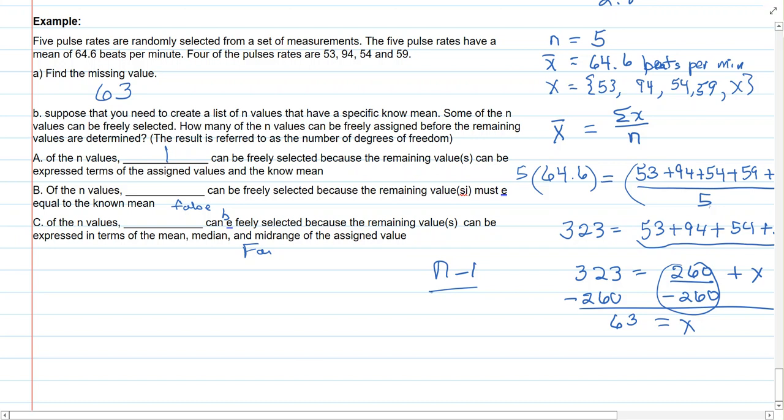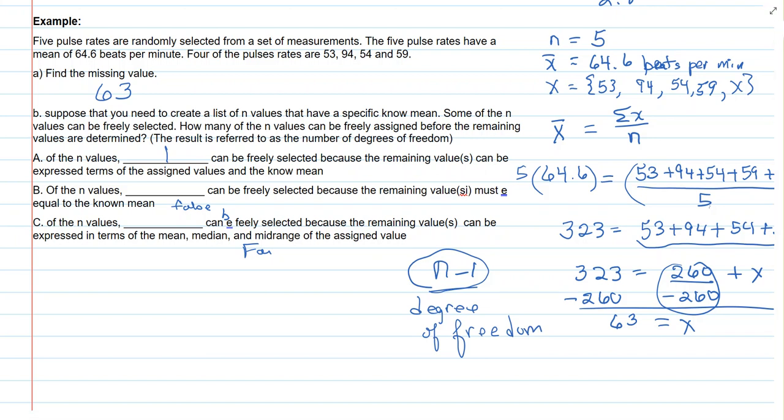So n minus 1 is called a degree of freedom. And we're going to talk about that later on, where you can have this floating value that we don't know, and it can be in the range of half below and half above, and it'll still come out correct.